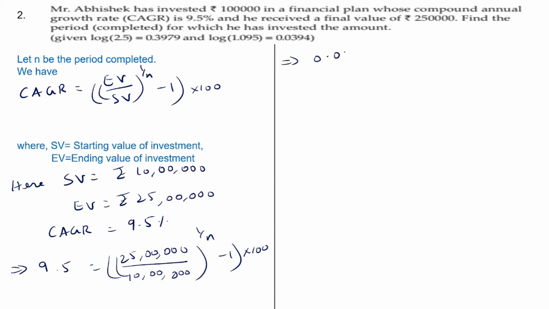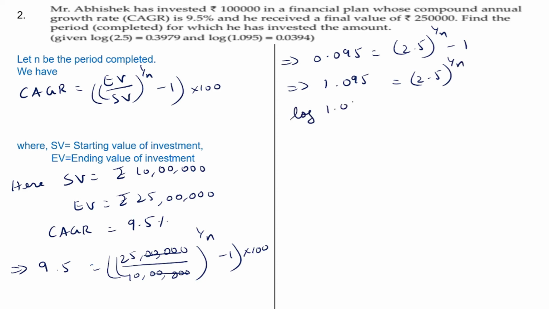Taking this 100 to the other side, we get 0.095, and when we simplify, 25 upon 10 is 2.5. So 0.095 is equal to 2.5 the whole raised to 1 by n minus 1, or 1.095 equals 2.5 the whole raised to 1 by n. When we take log on both sides, log 1.095 equals 1 by n log 2.5. So from this we get n as log 2.5 upon log 1.095.